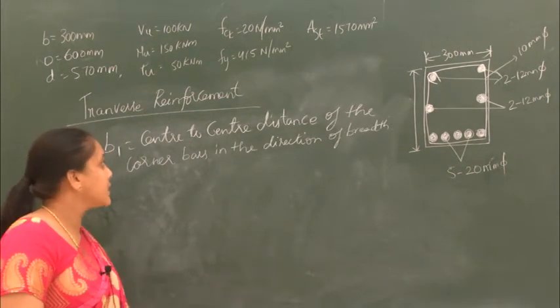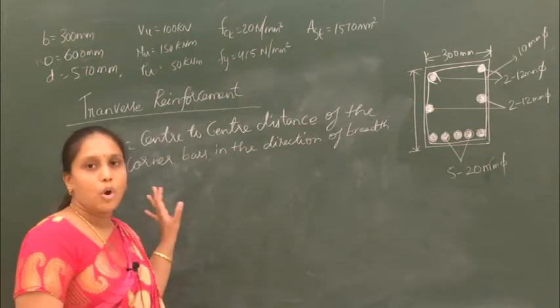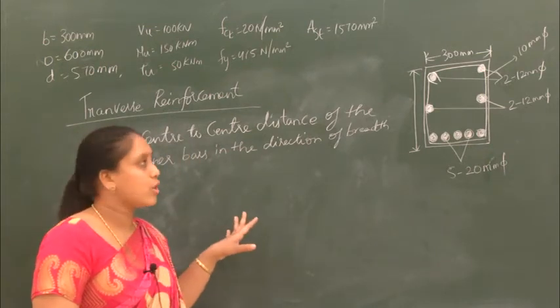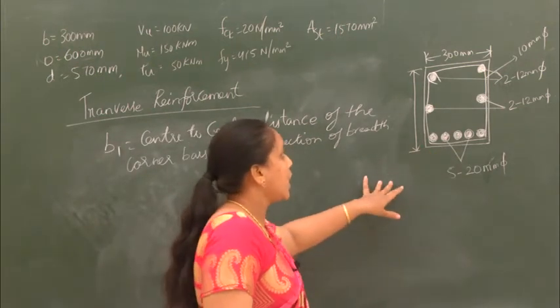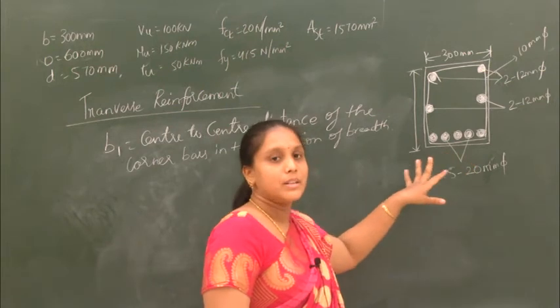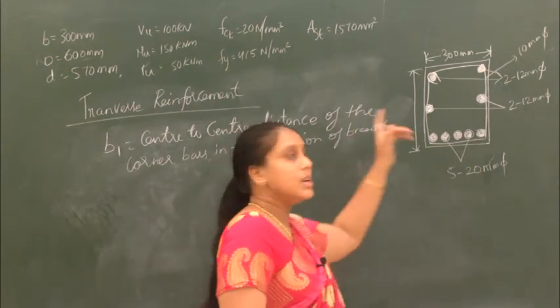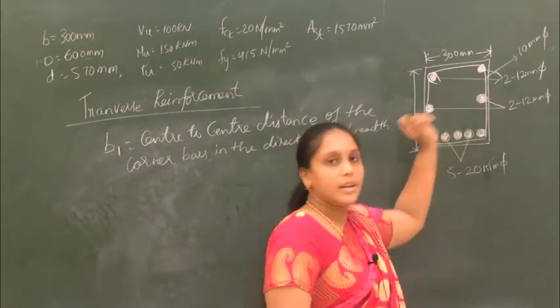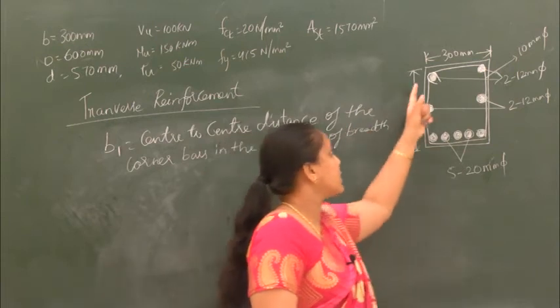So what is B1? It is nothing but the center to center distance of the corner bars in the direction of the breadth. So if you take this particular figure, B1 is nothing but the center to center distance of the corner bars. Here these are the corner bars in the direction of the breadth. So what is the direction of the breadth?